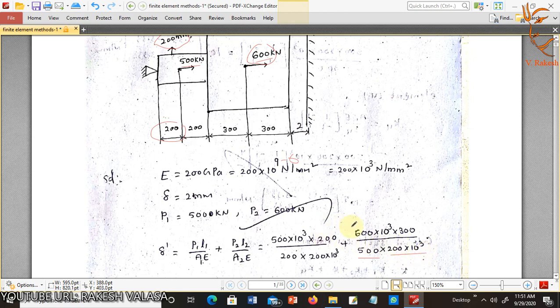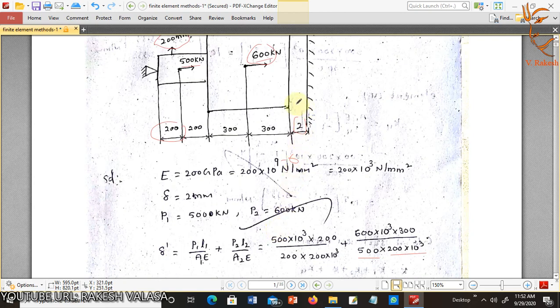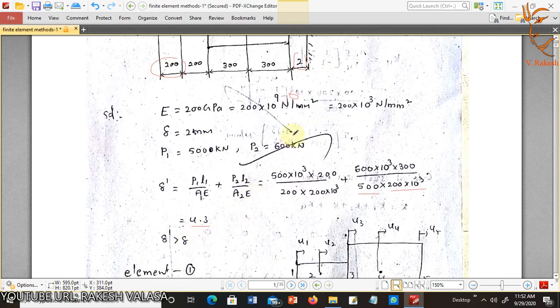Now simplify this equation, we get 4.3. This value is greater than the given value 2 mm. That means new displacement delta dash greater than delta. So this displacement is u5. U5 is 2 mm.